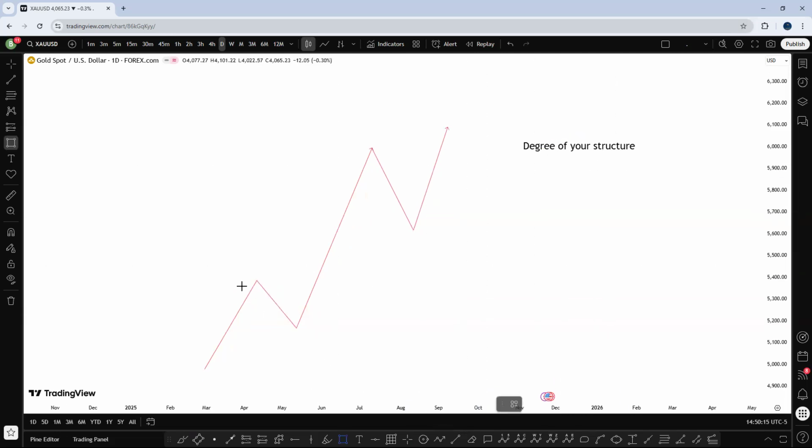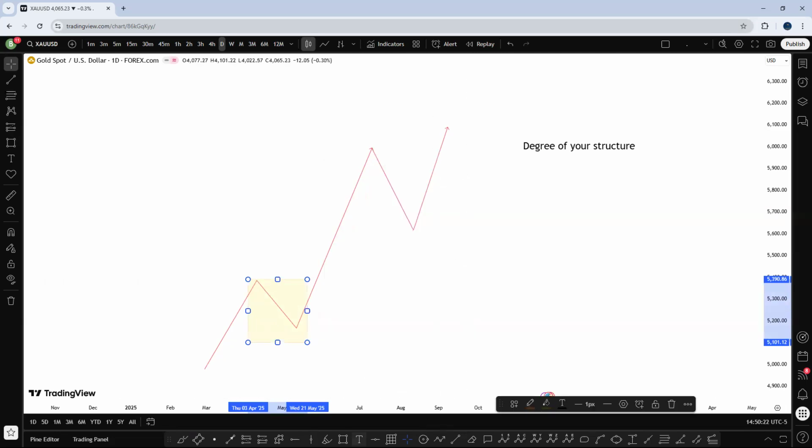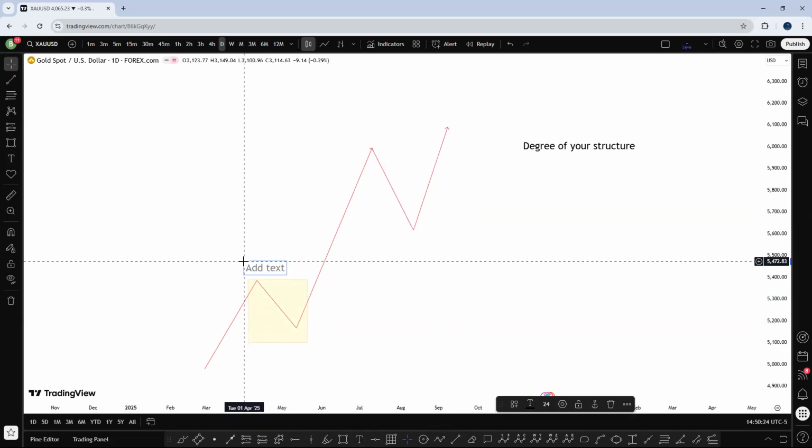So assume that this is a monthly time frame. You are seeing this on a monthly time frame.